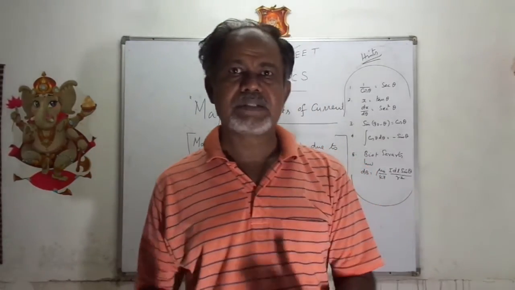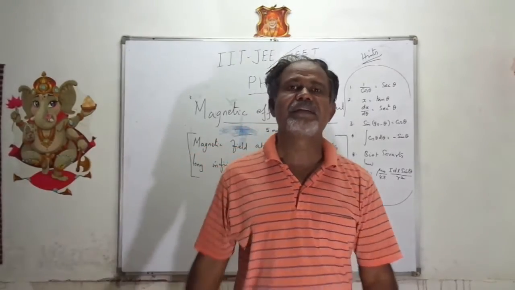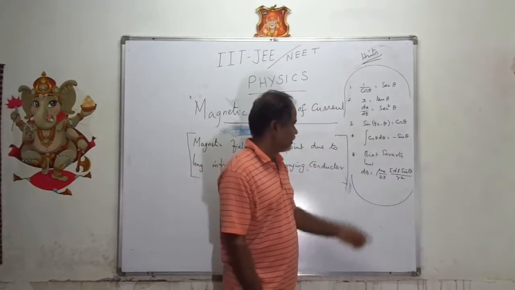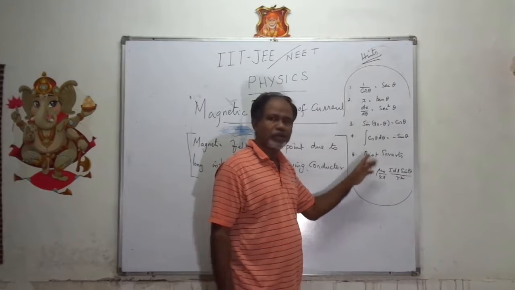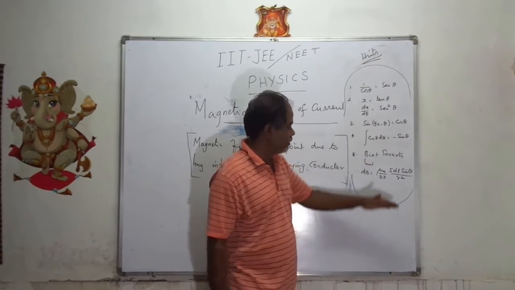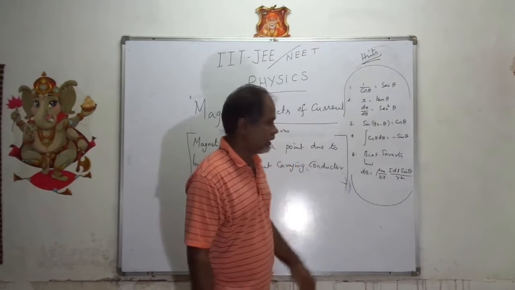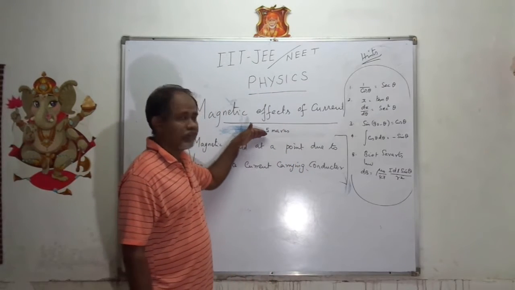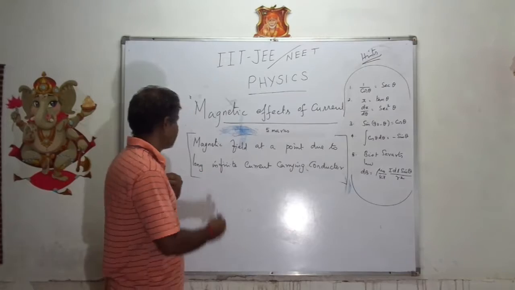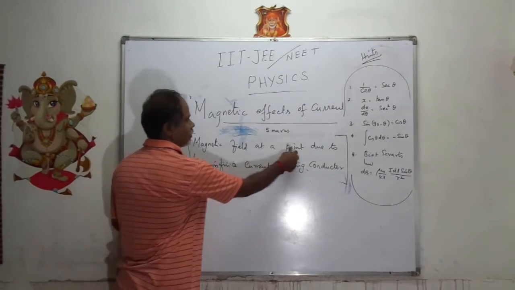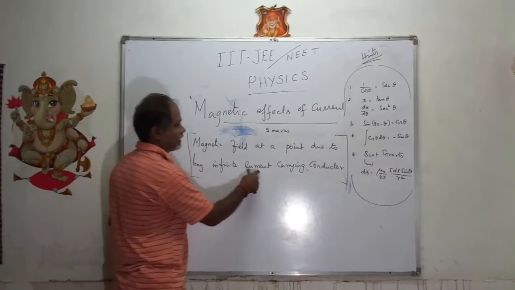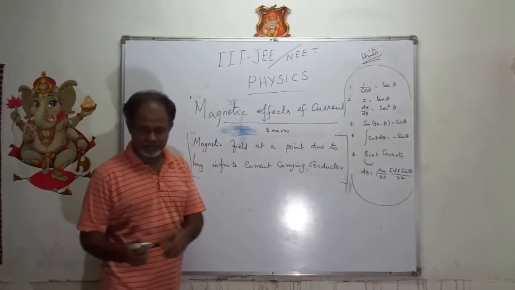With the help of Biot-Savart's law, we can find the magnetic field induction at a point due to a current carrying conductor. By using these hints, we can derive the question: magnetic field at a point due to a long infinite current carrying conductor.